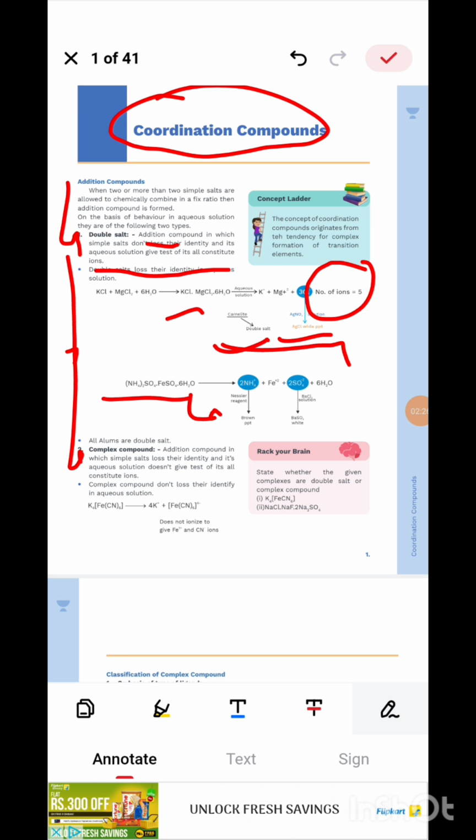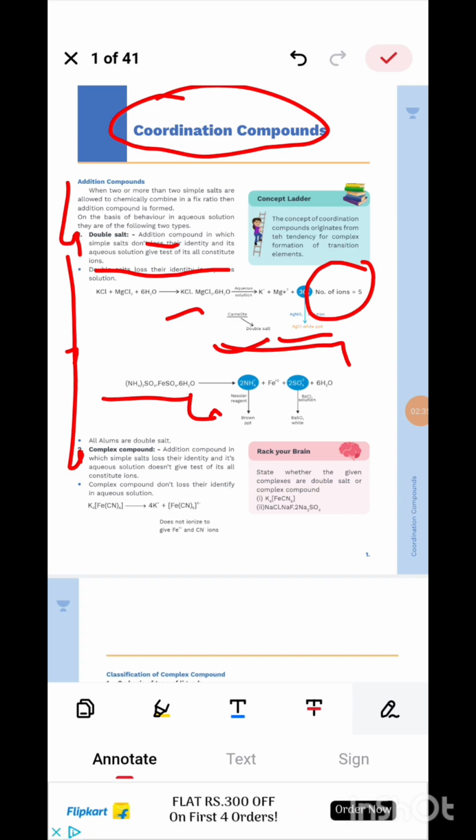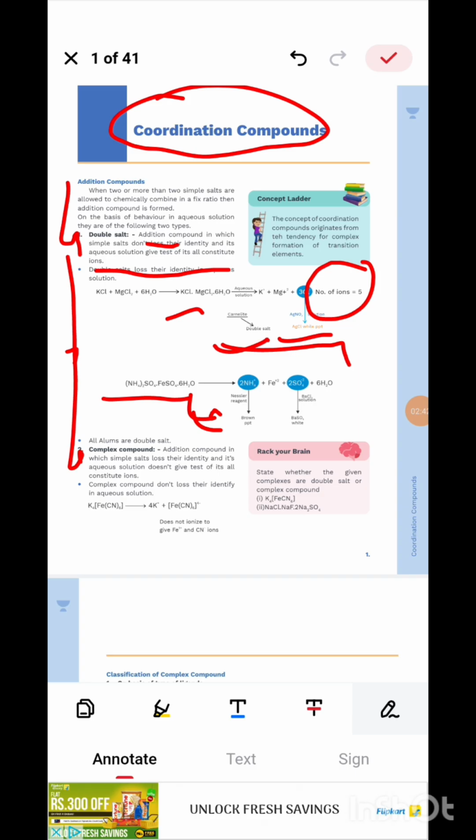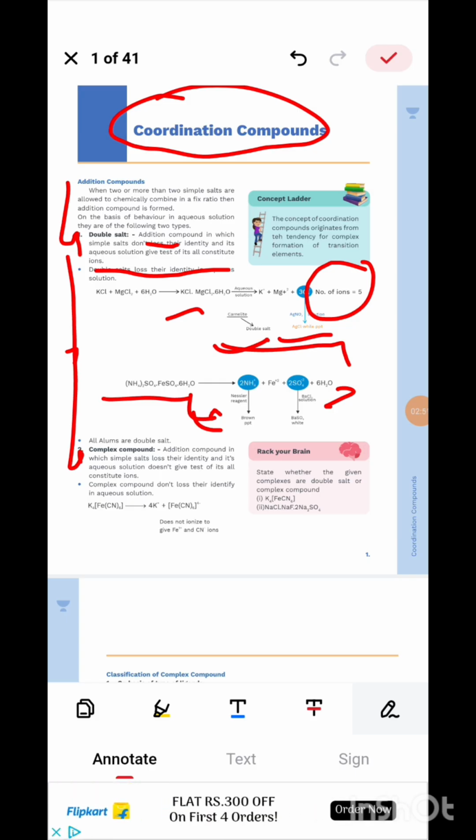Detection of ammonium and sulfate ions can be carried out by Nessler's reagent and BaCl2 solution. Nessler's reagent, when it reacts with ammonium, forms a brown precipitate, and sulfate reacts with BaCl2 to form BaSO4, which is white in color. So you can identify the components present in that compound when dissolved in aqueous solution.